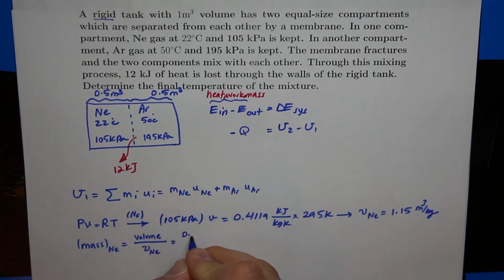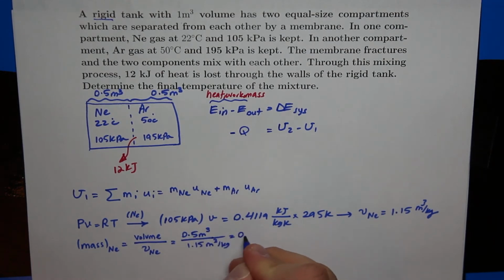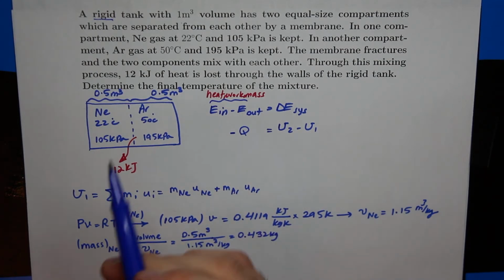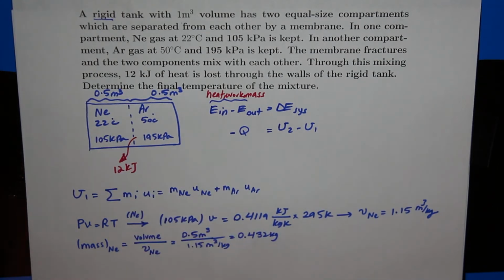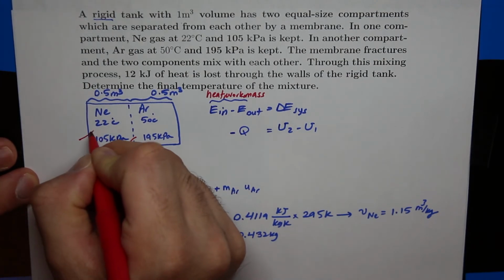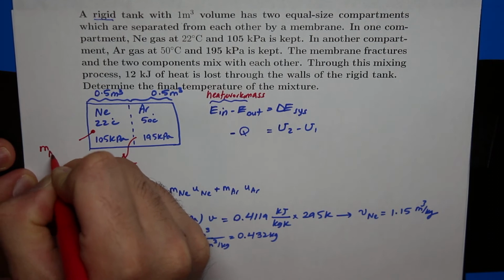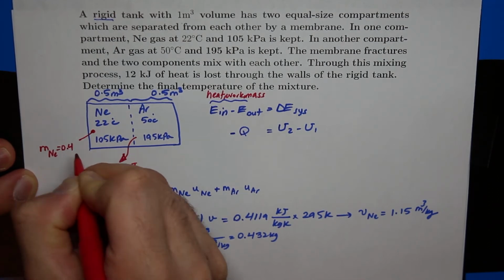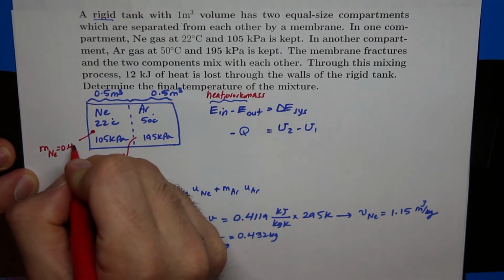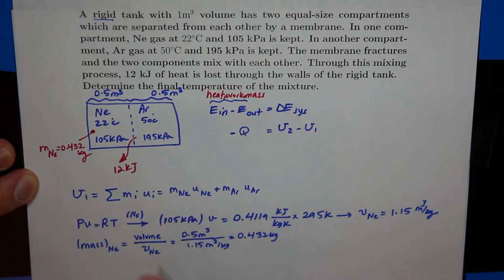So the volume of the left side is 0.5 meter cube, the specific volume is 1.15 meter cube per kilogram, and that gives me mass of neon gas equal to 0.432 kilogram. So this is how much neon I have at the very beginning. So let me just write it down. So M of neon gas is 0.432 kilogram.